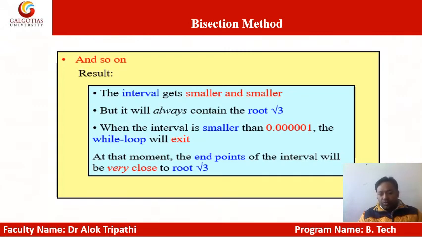Suppose we want to find the root of a given equation correct up to 3 decimal places. It means the size of the interval should be less than 1 upon 2 into 10 to the power minus 3. At that moment, the end point of the interval will be very close to the root.